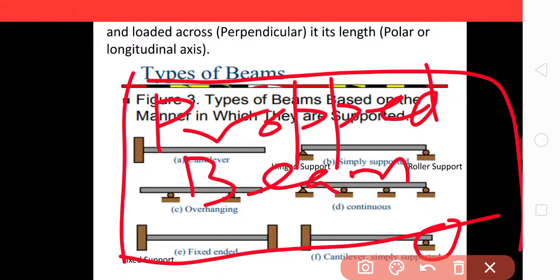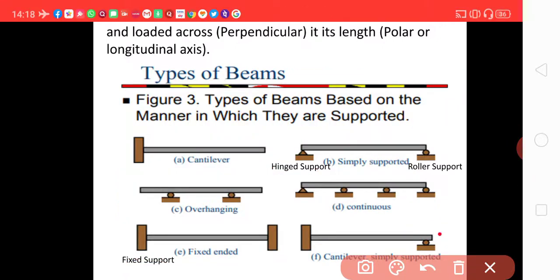Then what we do is take a rod and give a support here. This support is called a prop, and the beam is called a propped beam. A cantilever beam with a support at the free end, that support is called a prop, and the beam is called a propped beam.